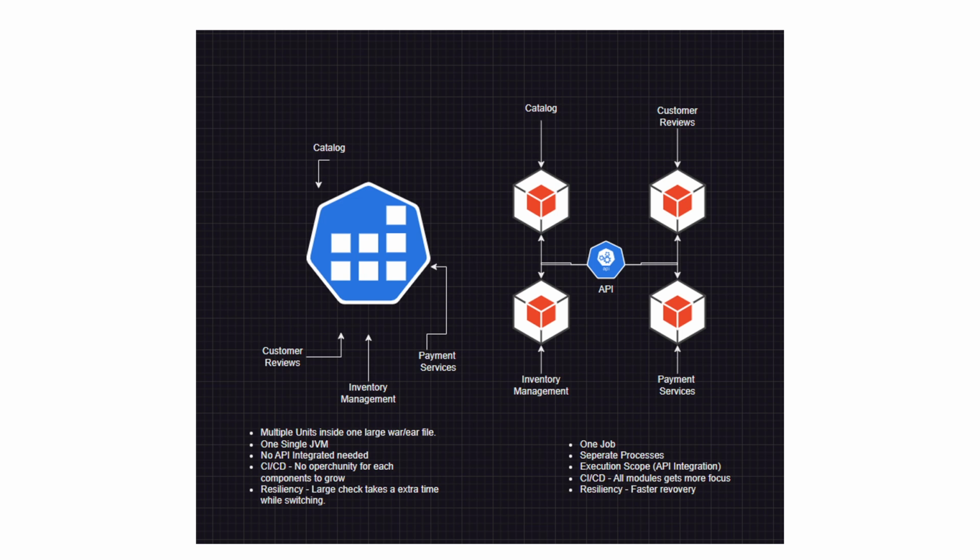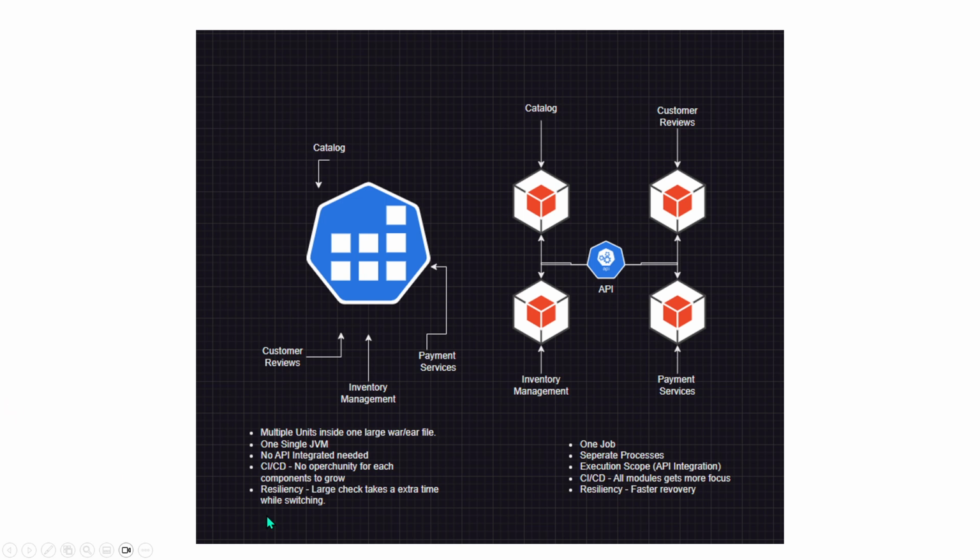You cannot increase the scaling for that catalog. You have to increase it for the entire application, which is a waste of resources, right? So one single JVM handling all these things is going to be really hectic, and even if you can scale it up, it's not quite useful for resourcing purposes.